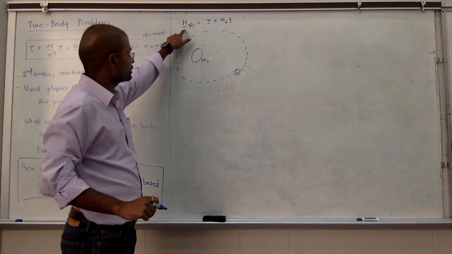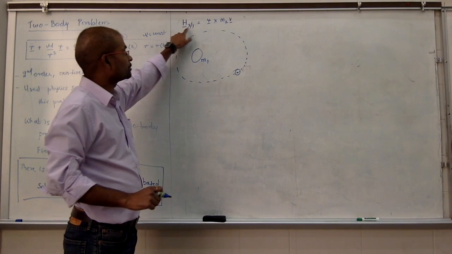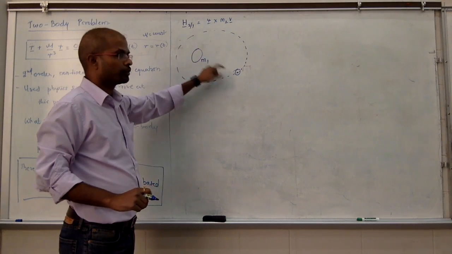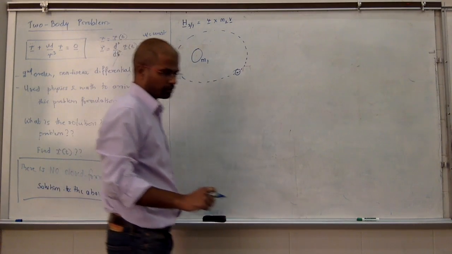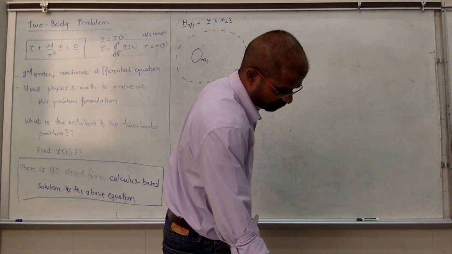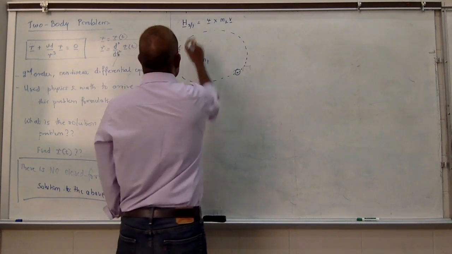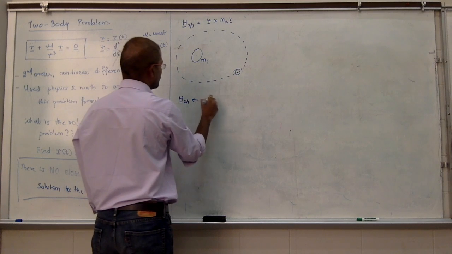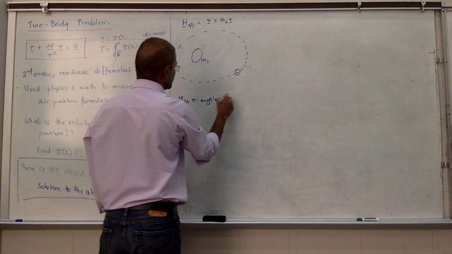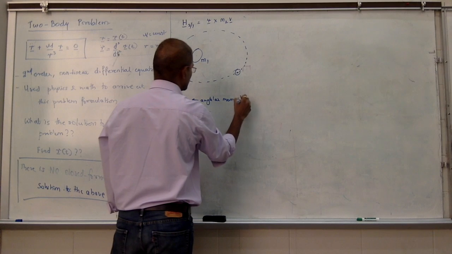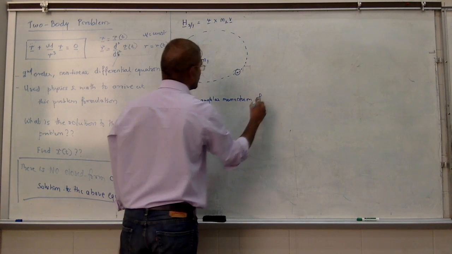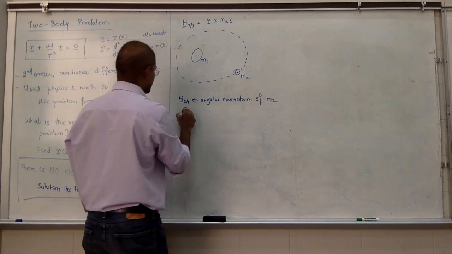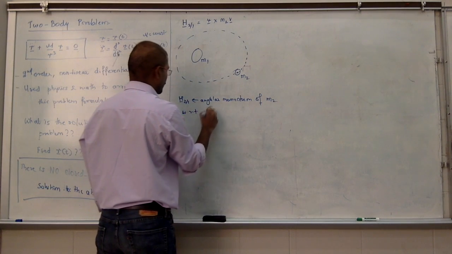So here h21 is the angular momentum of m2 with respect to m1.